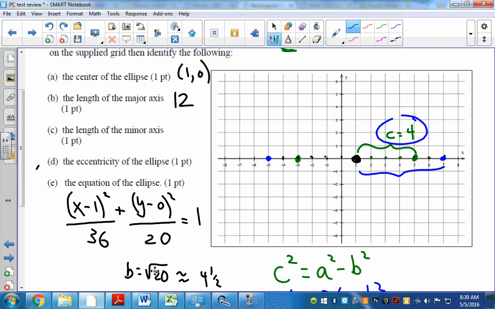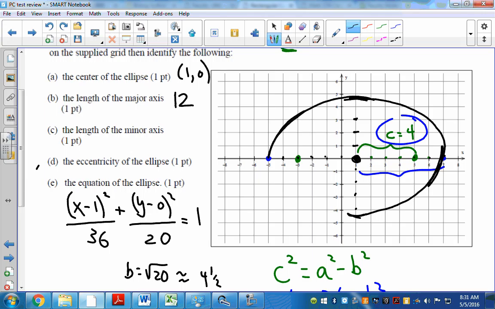And so when I draw my picture, I'm going to go from the center 4.5 units approximately. 1, 2, 3, 4, and a little bit. This will be the top of the ellipse, and the same thing coming down. 1, 2, 3, 4, and a smidgen. Now I can draw my ellipse going through those points.